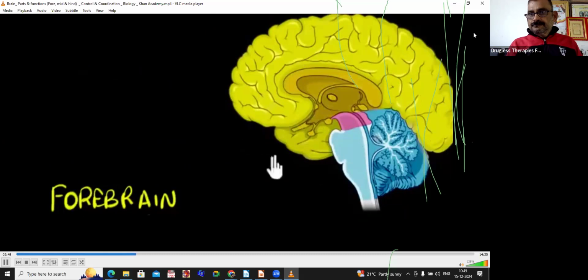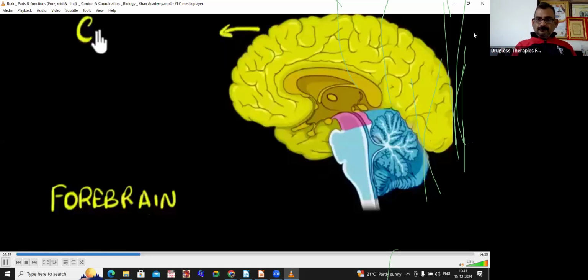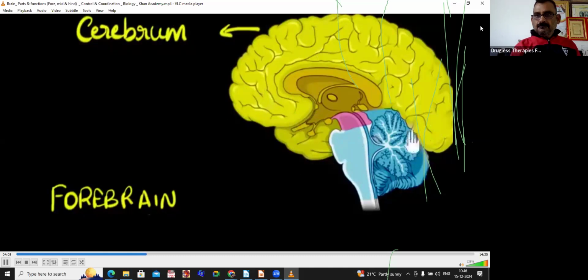The outer section, this big giant outer section, is called the cerebrum. This whole outer section, which I have colored with light yellow, is the cerebrum. And we're not going to look at further parts of that. So that's the outer section for us.